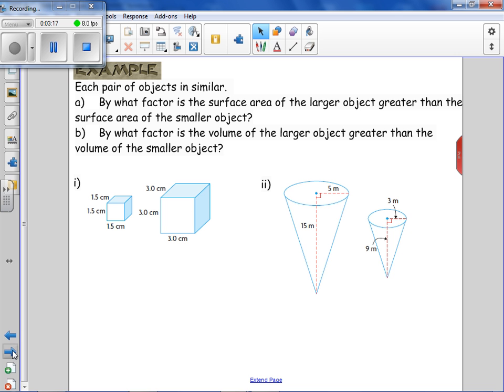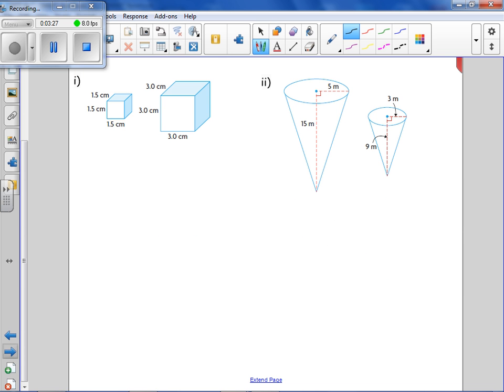So what I want to do, first of all, is figure out a scale factor. So it wants the larger one to the smaller one, so we're going to put the larger first, smaller second. So that would be my scale, right, that's a to b, is now going to be 3 to 1.5.